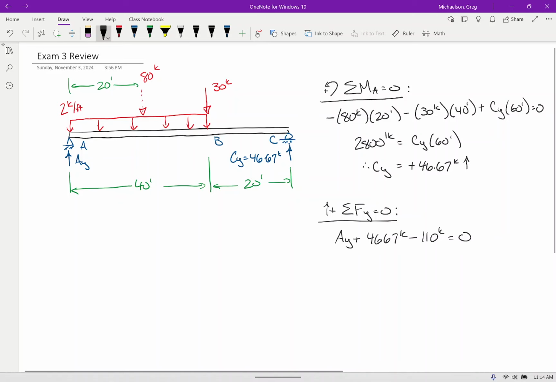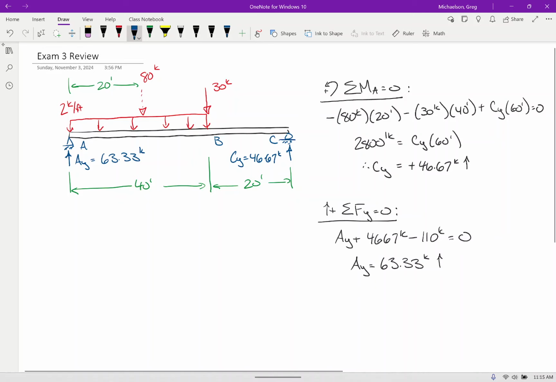And so AY is going to be 110 minus 46.67, which is 63.33. Everybody okay with that? Yes.